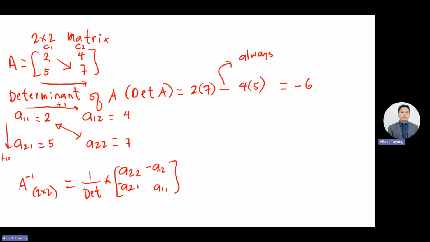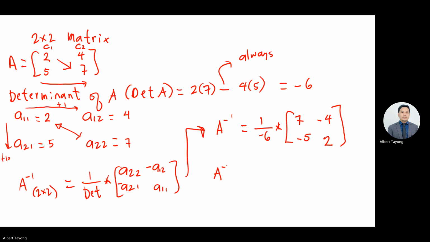So let's substitute the values. We have A raised to the power of negative 1. The inverse of A is 1 over negative 6 times, swapping 2 and 7, so this will become 7 and 2. 4 and 5 will be in the same position, but the signs will be reversed. Now we multiply 1 by 1.